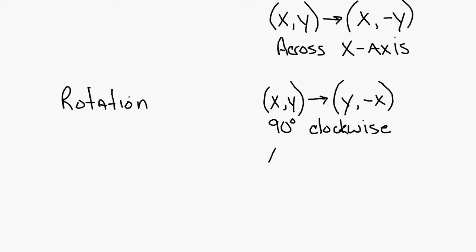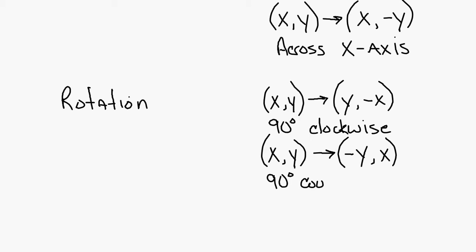When you take all of your xy values of the pre-image and you transform them so that your new x value will be the opposite of your original y value, and your new y value will be the existing or the original x value, this would be a 90-degree counterclockwise rotation.